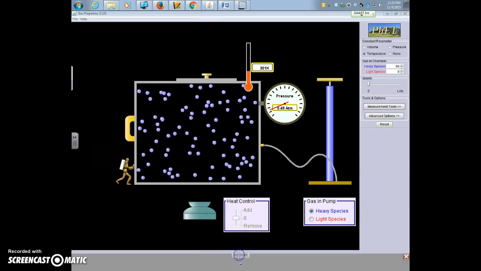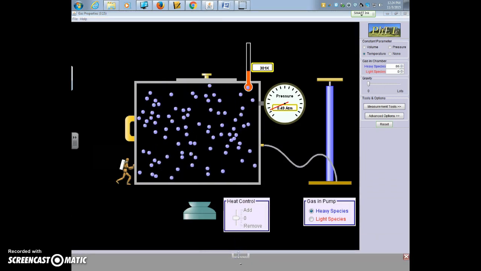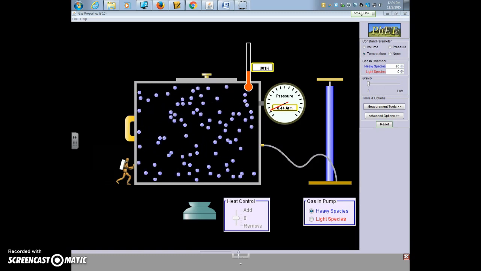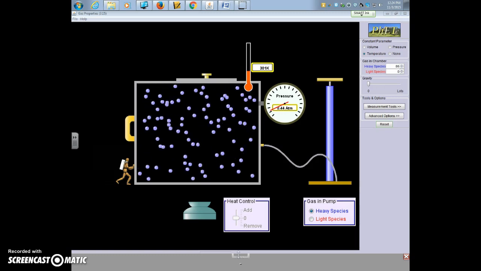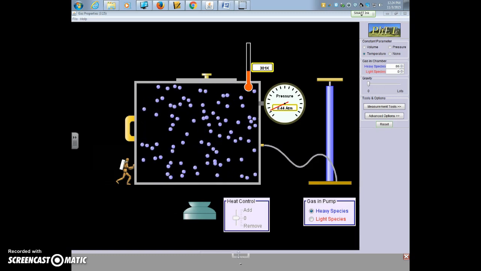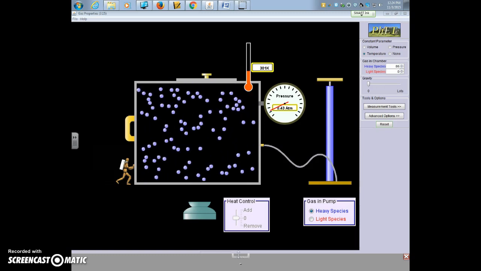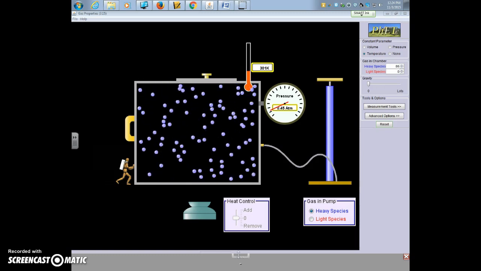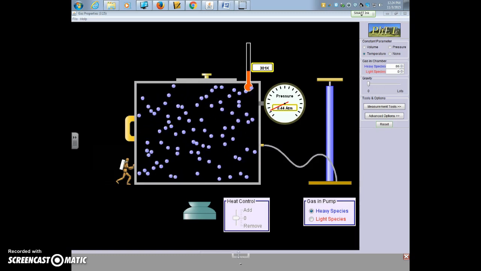So I have some gas trapped in this container. I have said that my temperature is constant, so they're going to really try and keep this temperature constant. It takes a minute for it to stabilize. And I'm just going to mess with the volume. So I have my certain volume here, and we are at a pressure of 0.44, somewhere around there.